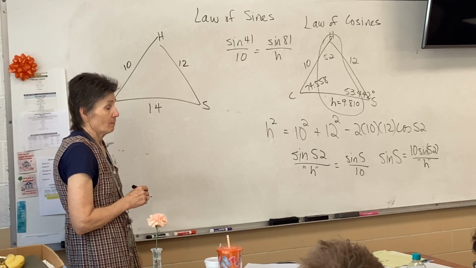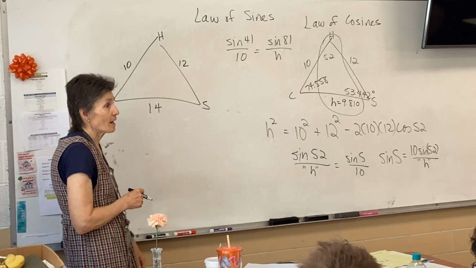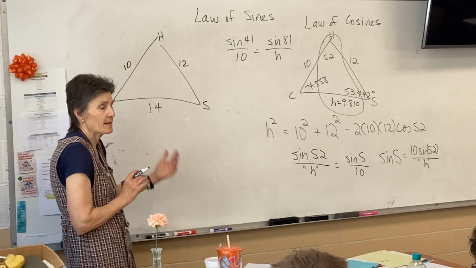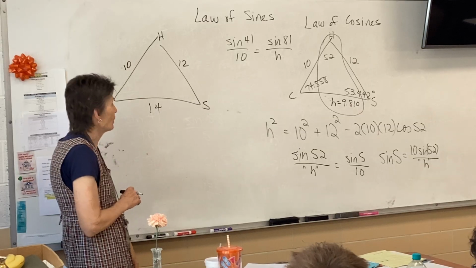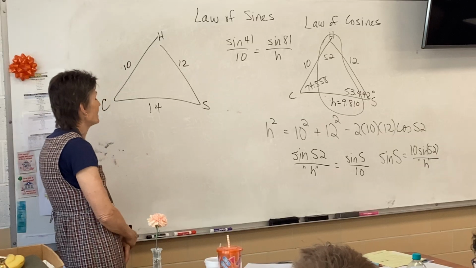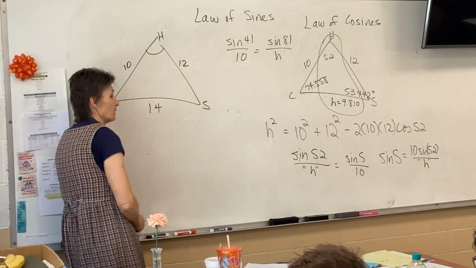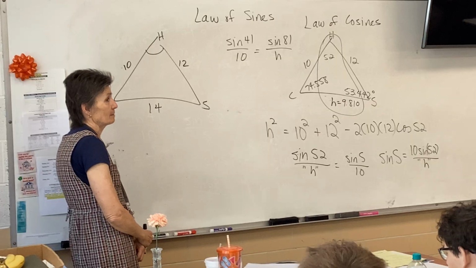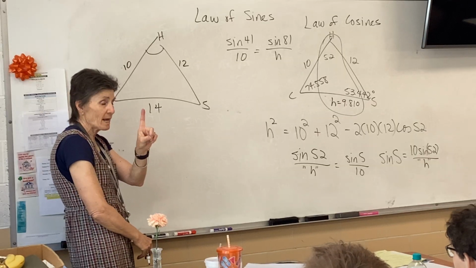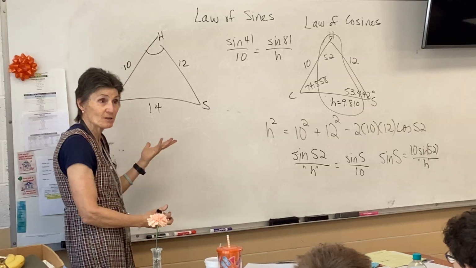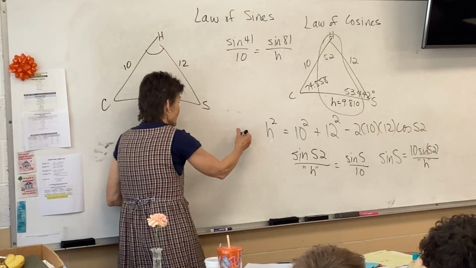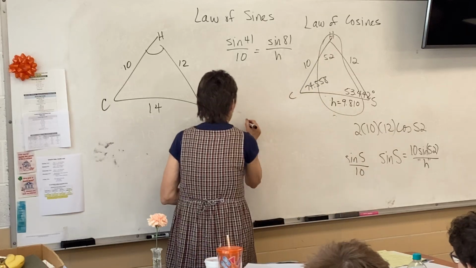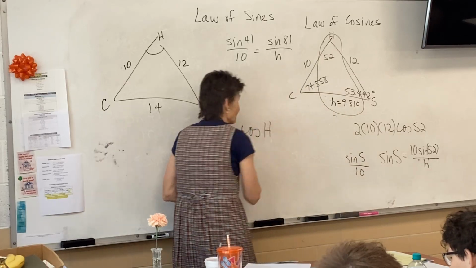Okay? Now, it doesn't matter where I start, I'm going to find the biggest angle of this triangle. Which one will be the biggest? H. So I'm going to find angle H. Now in my law of cosines, which only uses one angle, and I've decided it's going to be H, out here on this end, I'm going to have cosine H. That's my variable this time.